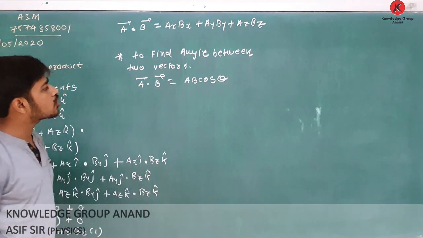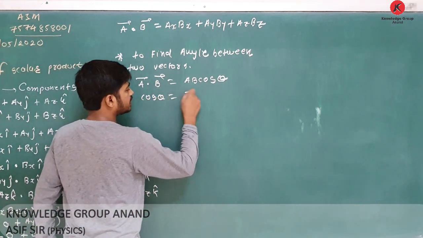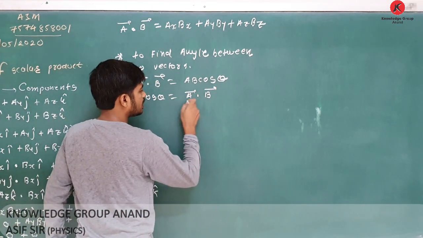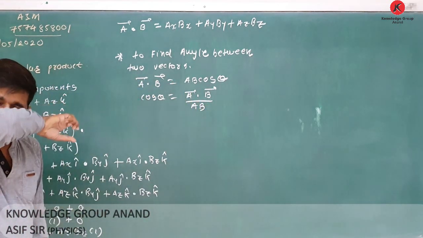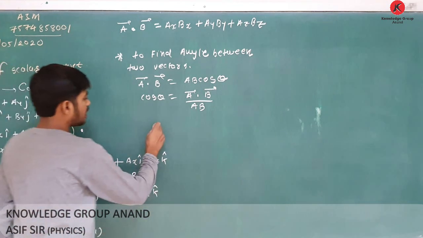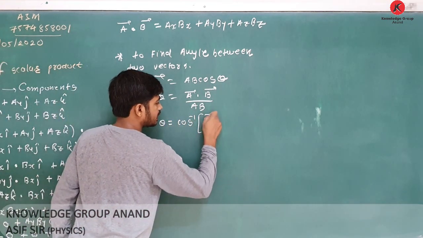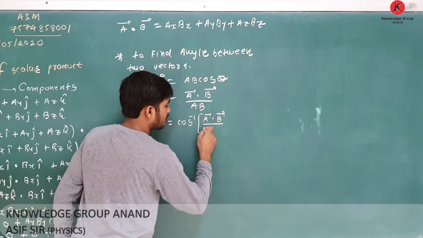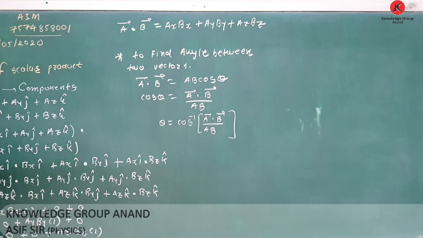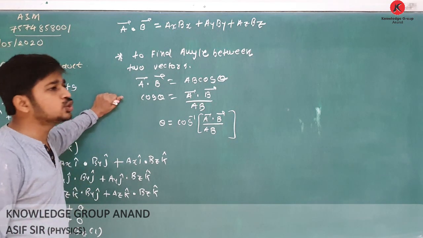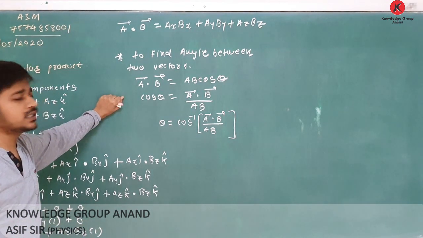So if I make cos theta the subject, then cos theta is equal to A dot B upon AB. Clear about this? If I make theta the subject, then theta is cos inverse of A dot B upon AB. With the help of this equation, you can find the angle between two given vectors.